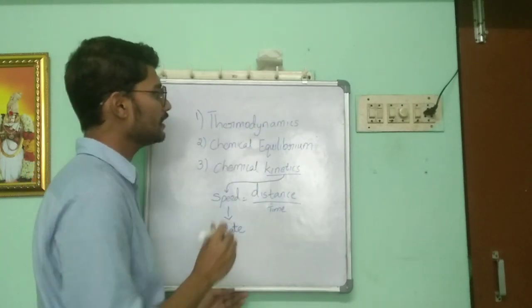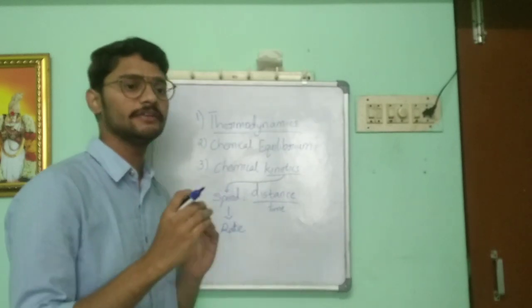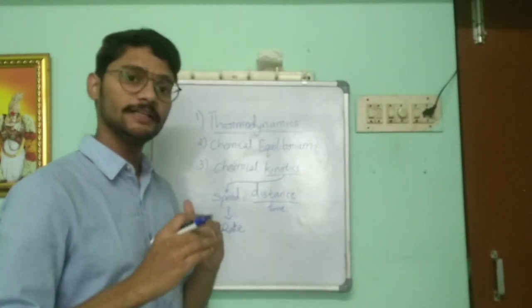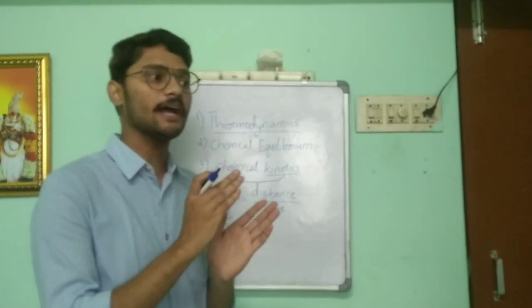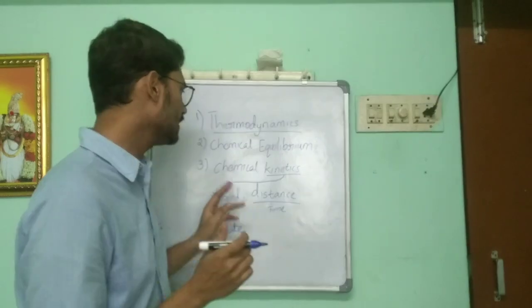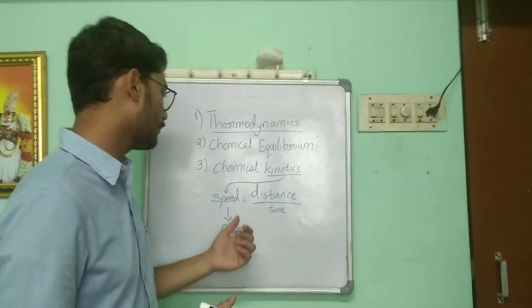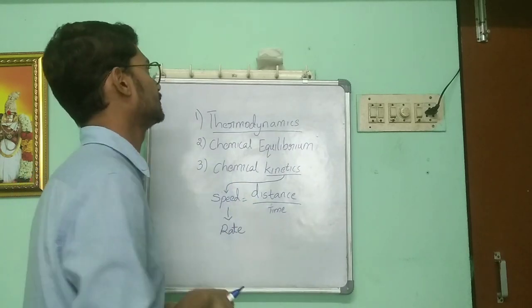So thermodynamics tells us whether the reaction is spontaneous or not, chemical equilibrium tells us whether the reaction will take place in the backward or forward direction, and chemical kinetics tells us about the speed of the reaction, in how much time the reaction takes place.